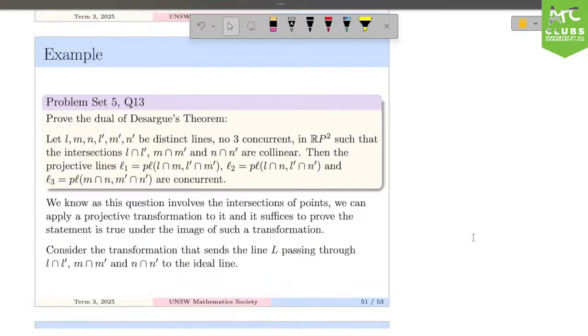So, we have 6 lines, L prime, M prime, and these intersections form a line L, and finally we have one more pair of lines, N and N prime.